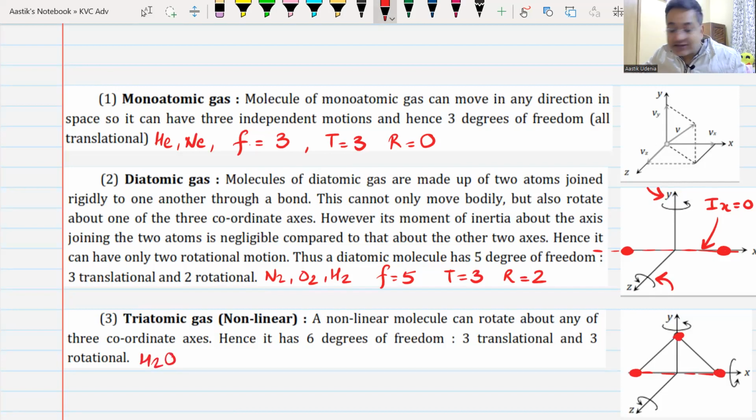H2O, NH3 and so on. It will have 6 degrees of freedom. Translational modes are 3 and rotational modes are also 3. Do we understand this? Understood, sir. I'll give you 2 minutes to note it down.